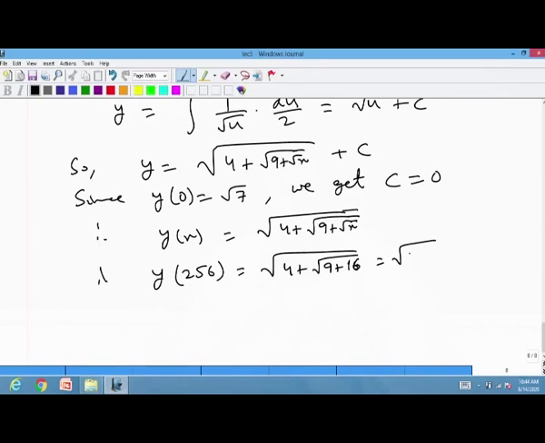Then this becomes square root of 4 plus 9 plus 16 is 25, square root gives 5, and this gives the square root of 9, which is 3. So, that is the answer.